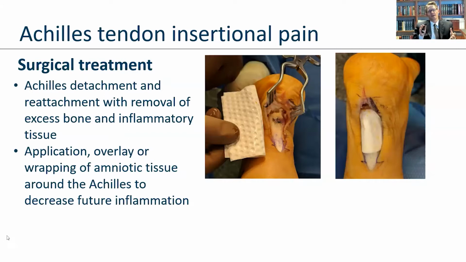So we take away the width that's on there, and then we wrap it or overlay it with amniotic tissue, which decreases future inflammation in the area, and then reattach it to the calcaneus. The use of the amniotic tissue is a newer surgical treatment option in the wrapping of the Achilles tendon, and it keeps that inflammation down and controlled.